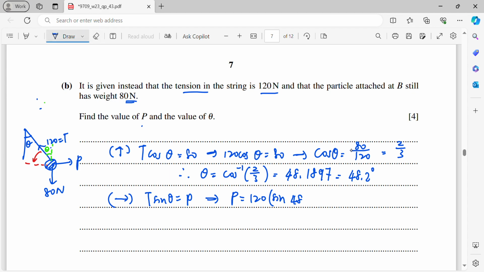We use the actual value, 48.1897 degrees. From here, you will get 89.4427, and I will round to 3 significant figures, that will be 89.4. So your P is this amount. So that's done for part B.